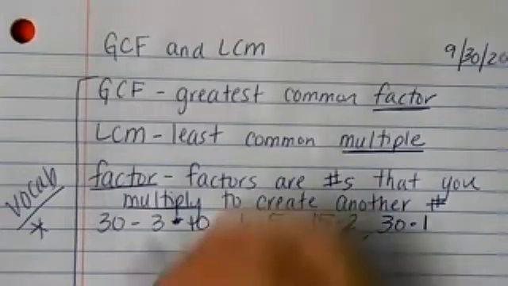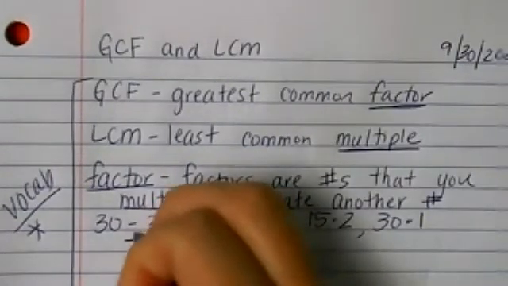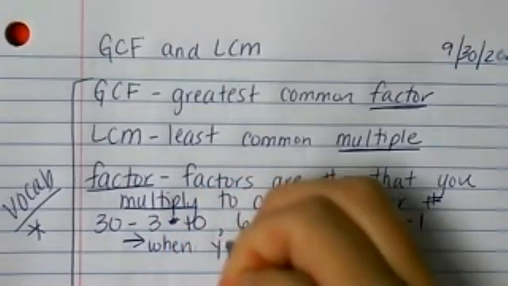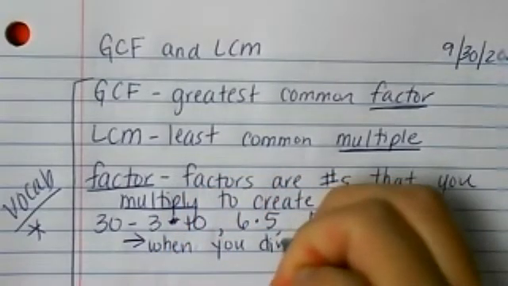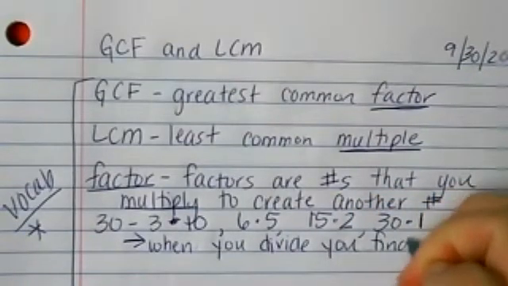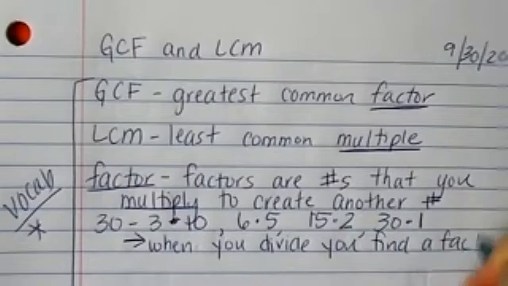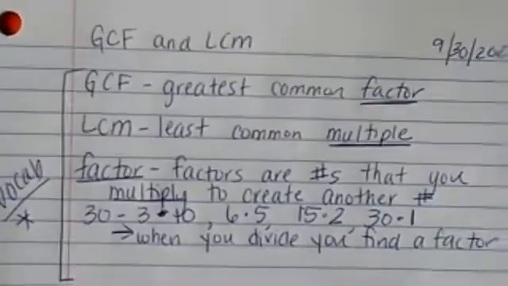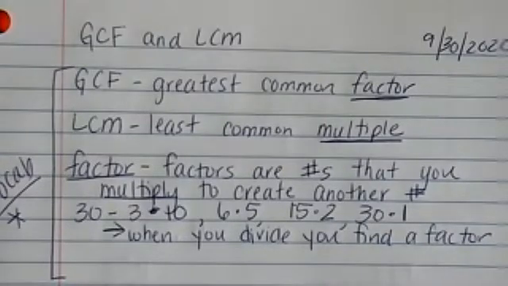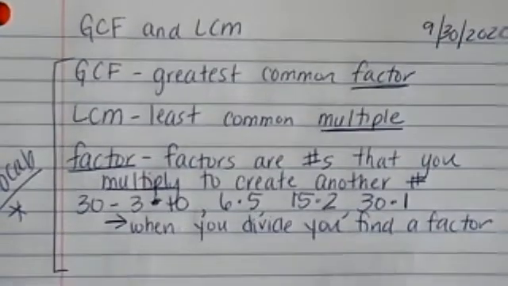When you divide, you find a factor. So when I divide a number, what I'm really looking for is the other factor. Okay? So to find factors, we usually divide, which is confusing because it's part of multiplication.